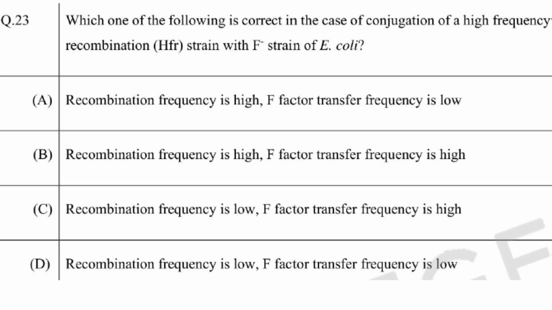But F factor transfer occurs only when the integrated F factor is excised from the chromosome, and this is very rare. So what result do you get? You get recombinant F- cells with the new chromosomal traits, but F+ cells will be very, very low or not there at all, because the F factor transfer frequency is very low.